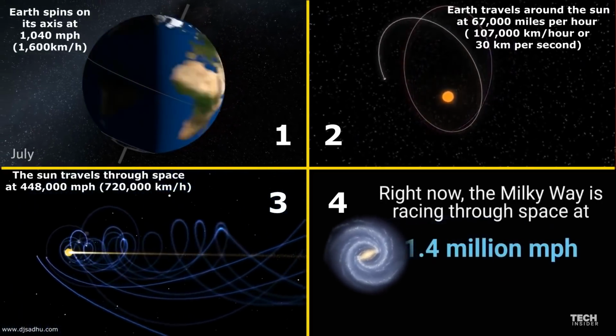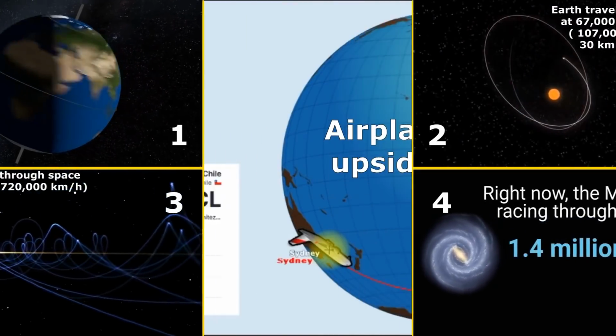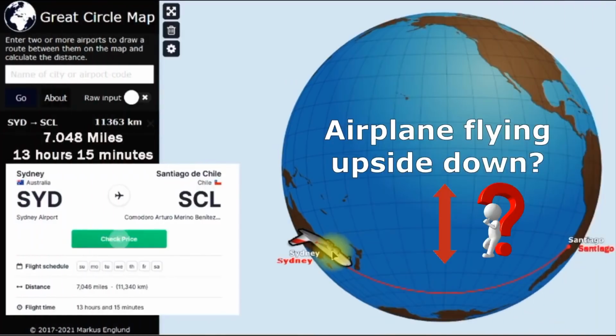Now just imagine that in the midst of all of this, an airplane is flying upside down on the bottom of a spinning globe that's going through the universe at 1000 kilometers per second, or 1.4 million miles per hour. Kind of difficult to understand, but this is what they say. It is happening right now.